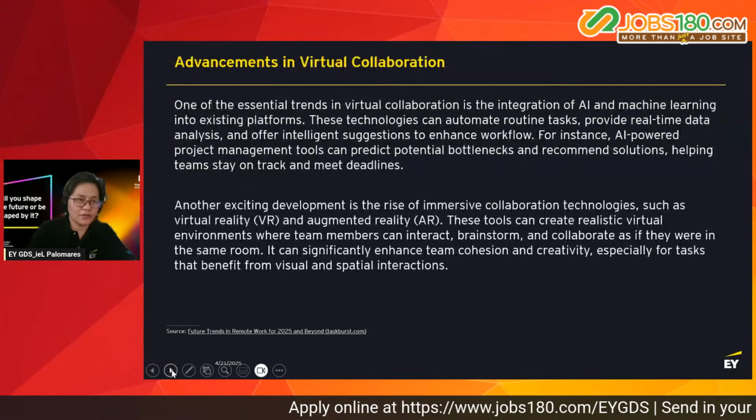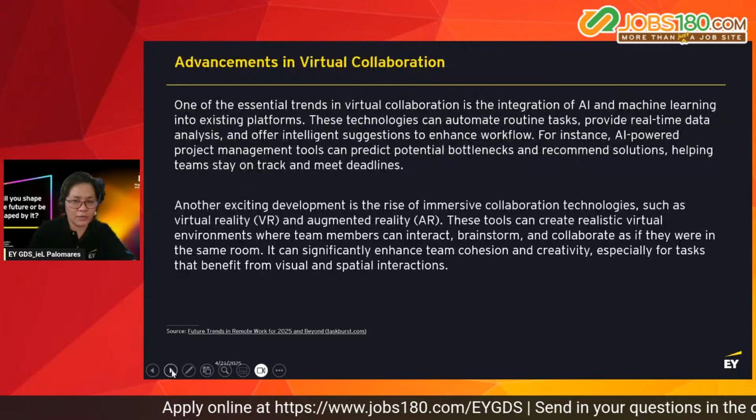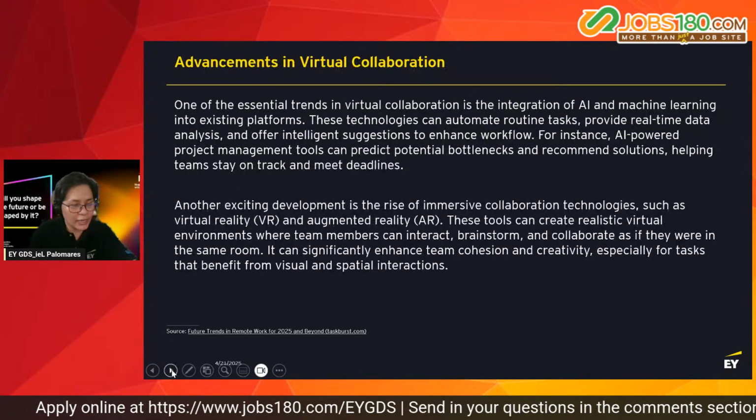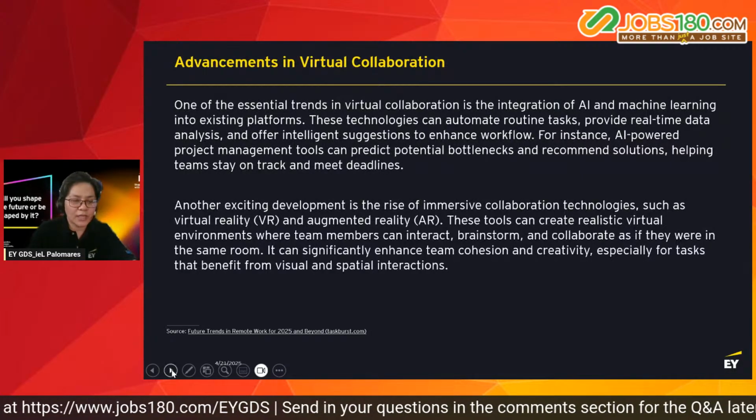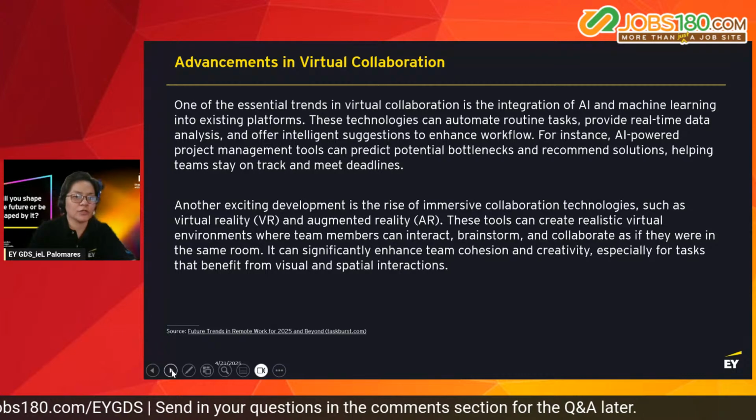Okay, so that is another thing that you can expect if you're graduating this, I'm not sure, June or July for you guys. Okay, and of course our advancements in virtual collaboration.